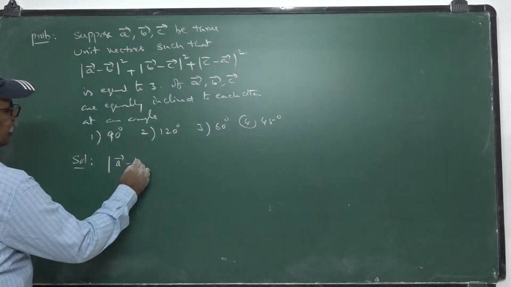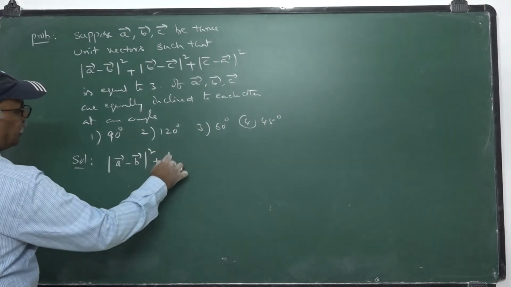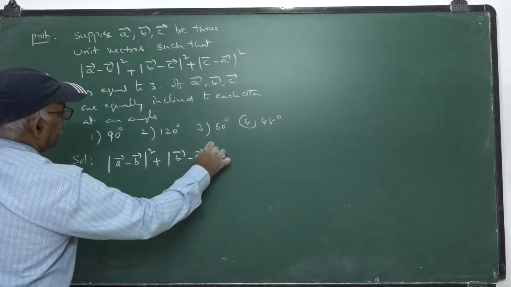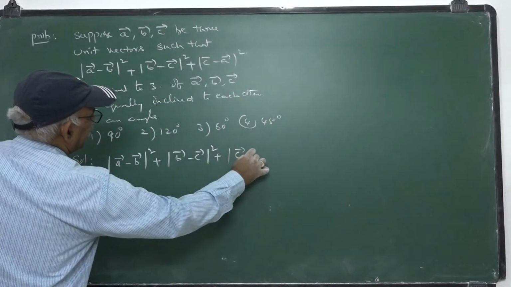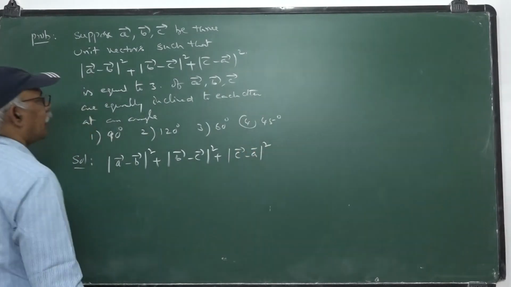Given modulus of A bar minus B bar square plus modulus of B bar minus C bar square plus modulus of C bar minus A bar square is equal to 3.